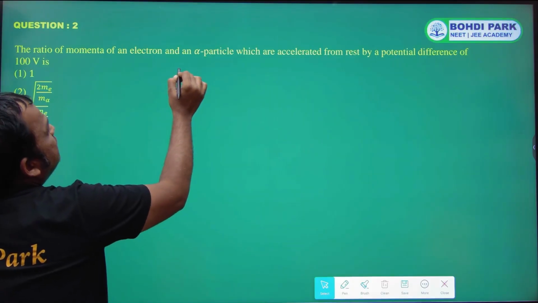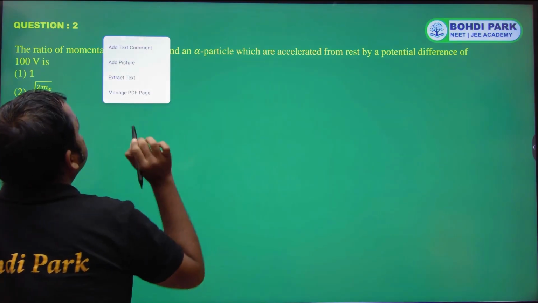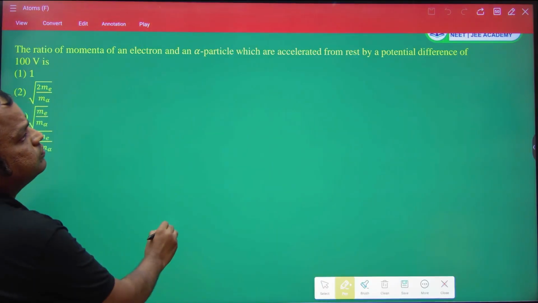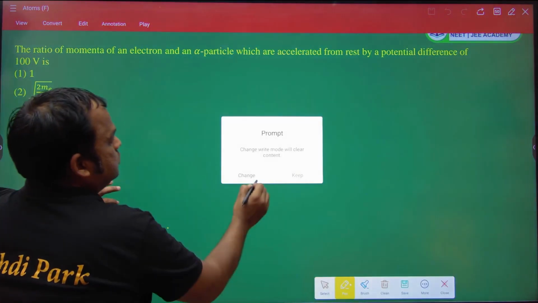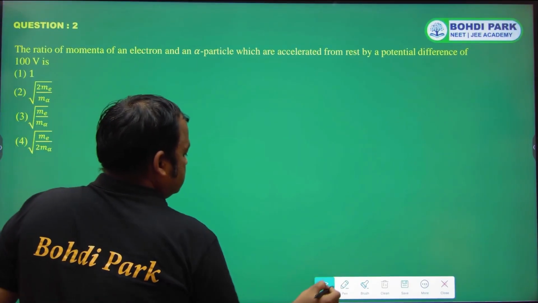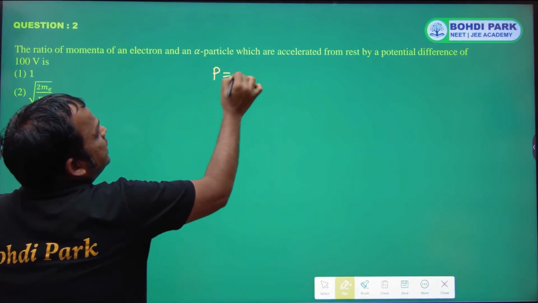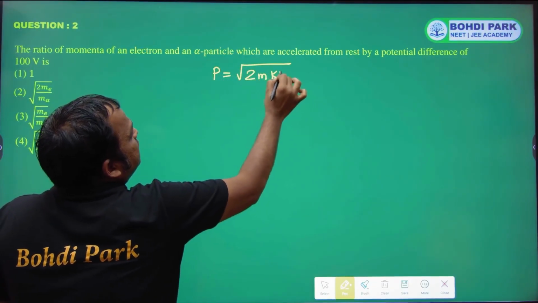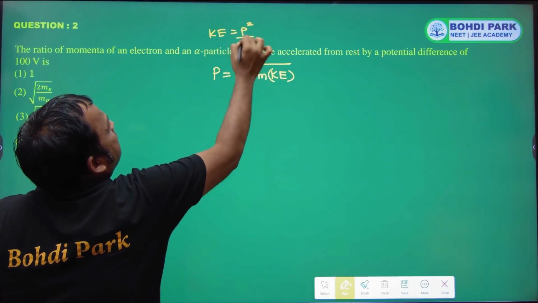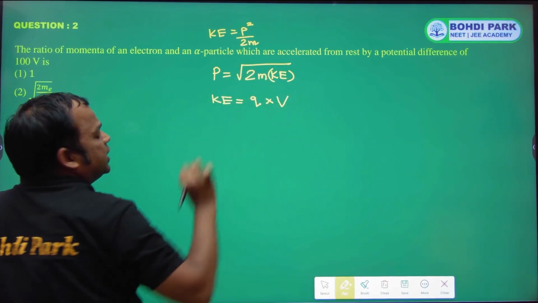So we know that momentum P is equal to square root of 2m into KE, because kinetic energy is equal to P square by 2m, and we know that the kinetic energy is equal to charge into potential difference.